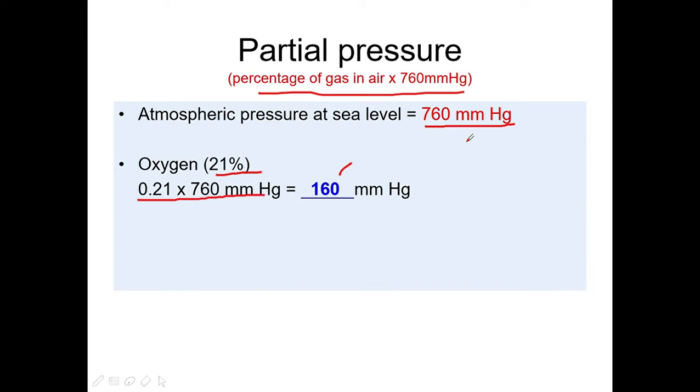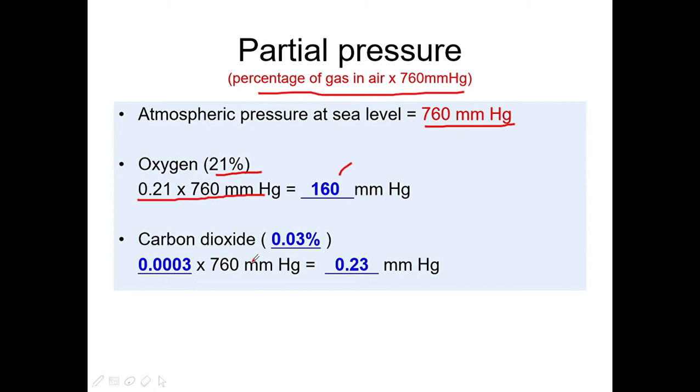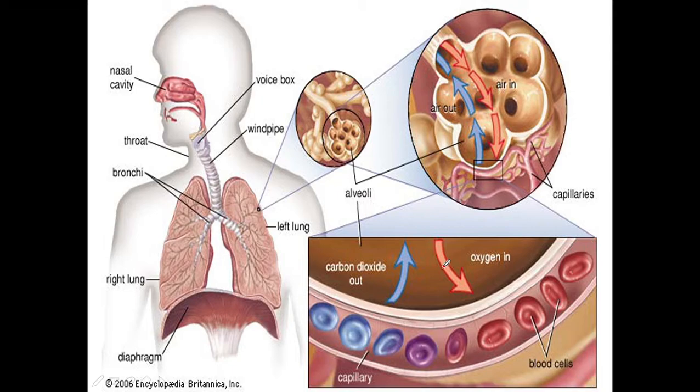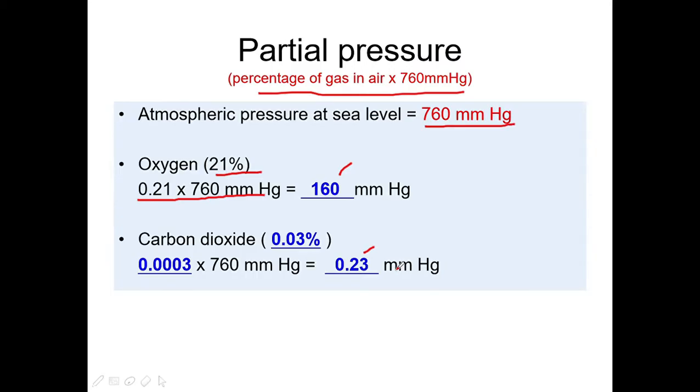What about the partial pressure of carbon dioxide? Okay, the partial pressure of carbon dioxide at sea level is 0.23 millimeters of mercury. Alright, so that is the brief introduction on partial pressure.